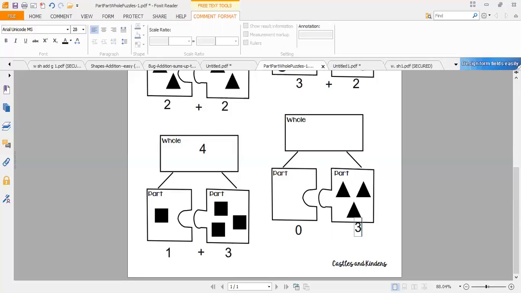So between the parts, a plus sign. 0 plus 3, nothing plus 3. You will add nothing to 3, so it's still 3. Why? Because here we don't have any triangles. Can you see that? So nothing plus 3 equal to 3.